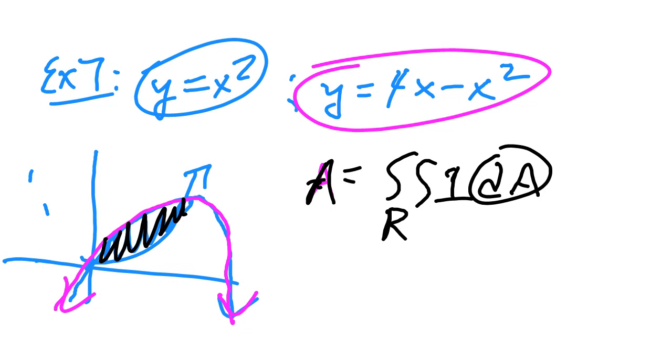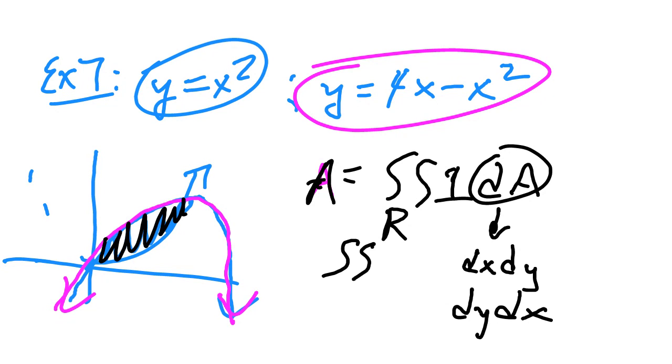Well, dA, we can do one of two ways. We can do it dx dy, or we can do it dy dx. You may default to wanting to do it dy dx. Like if you didn't know any better, you'd just do this one first.